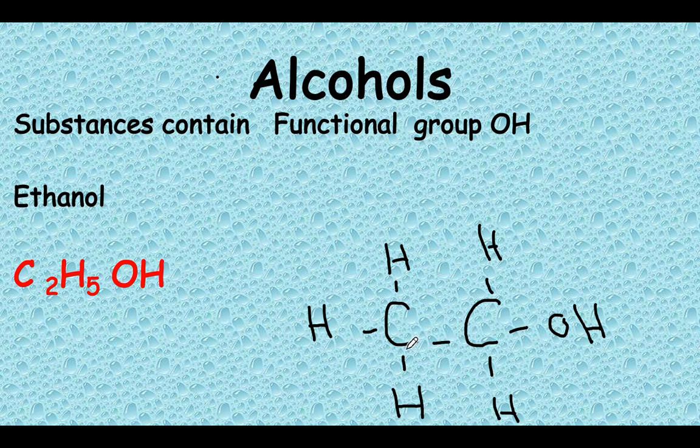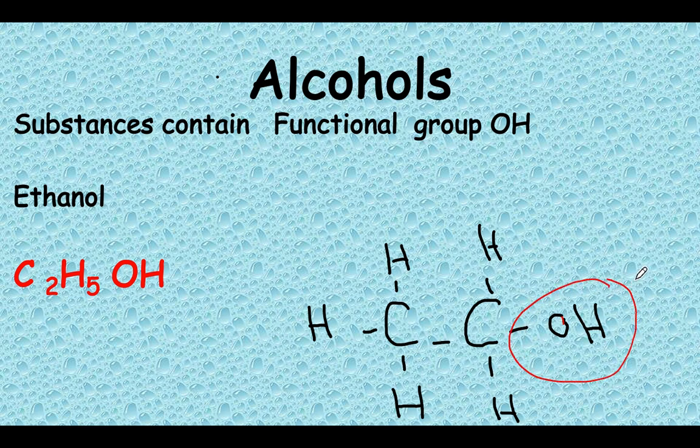Ethanol, it's 2 carbon atoms. Each carbon atom is surrounded with 4 covalent bonds, and the second carbon atom will be bonded to the functional group OH, which I know from it that this is a structural formula for alcohols because it contains the functional group OH.